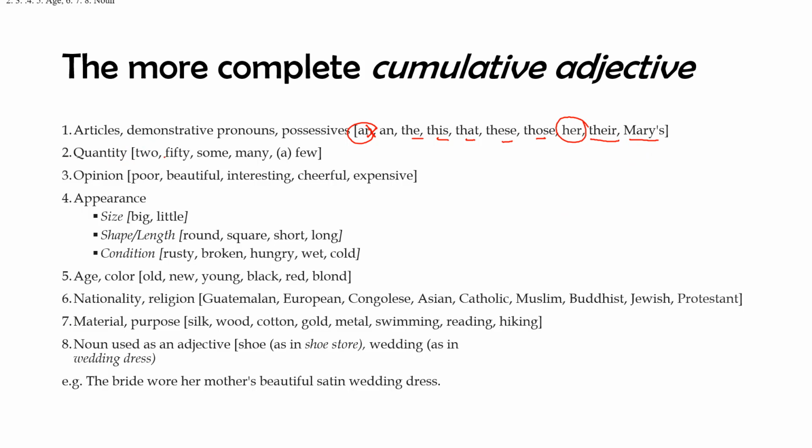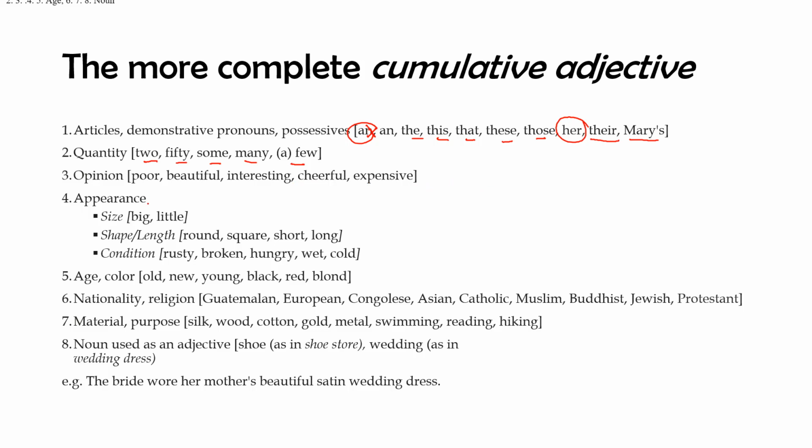And the next one is quantity, like 250, some, many, a few. Opinion: poor, beautiful, interesting, cheerful, expensive, cheap, dirty.